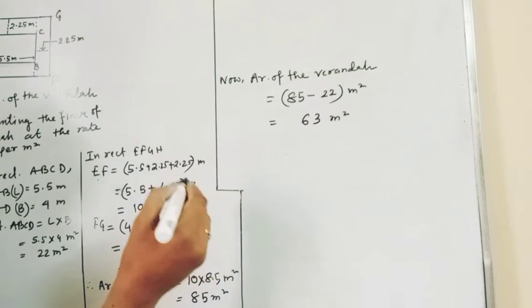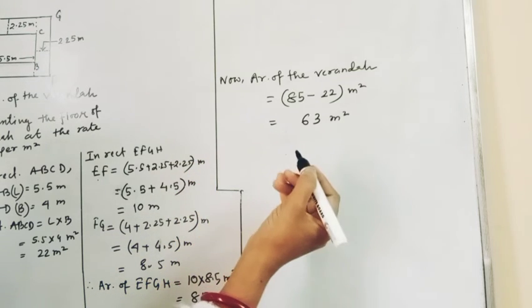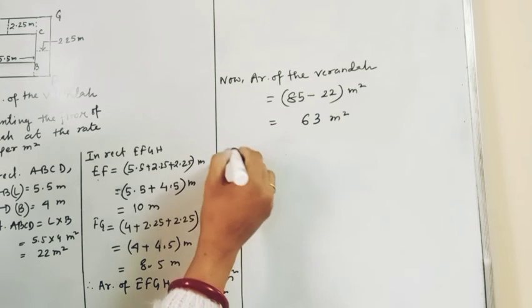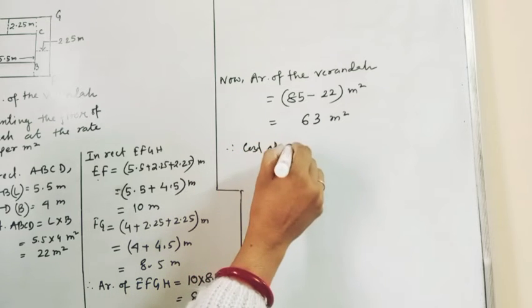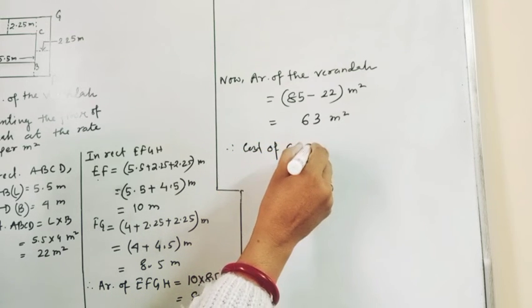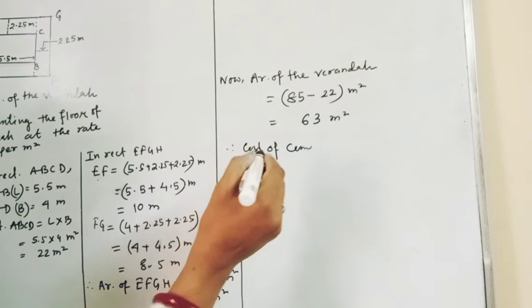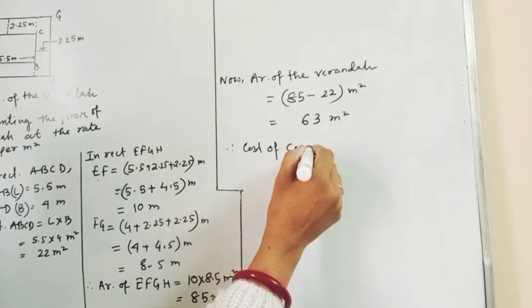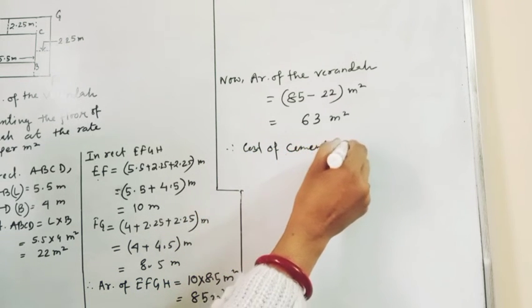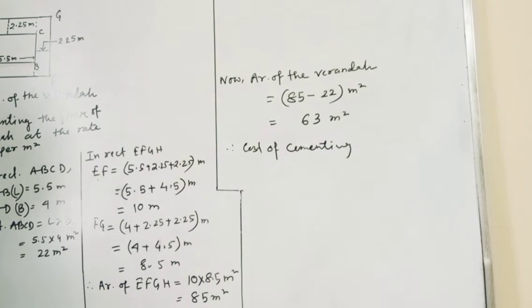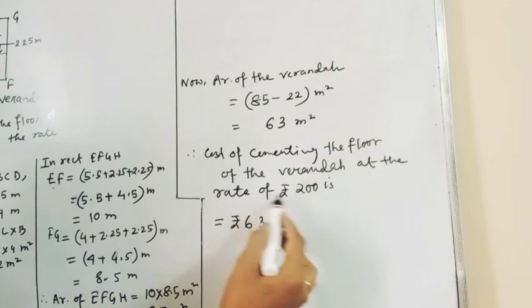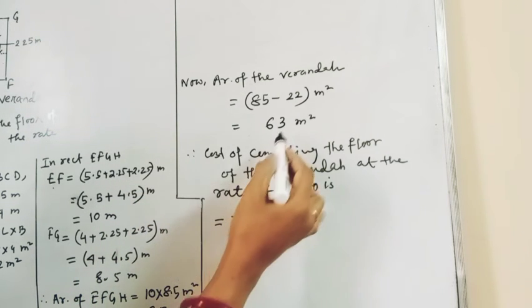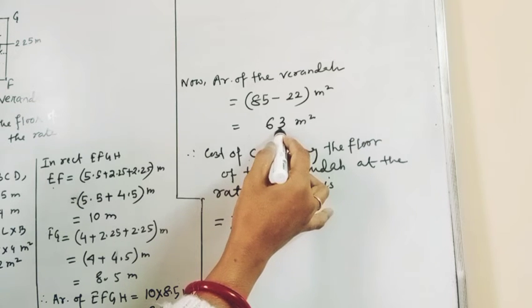Now the cost of cementing the floor at the rate of 200 per meter square we have to find out. Therefore, the cost of cementing the floor of the veranda at the rate of 200 rupees per meter square, and the area of the veranda is 63.